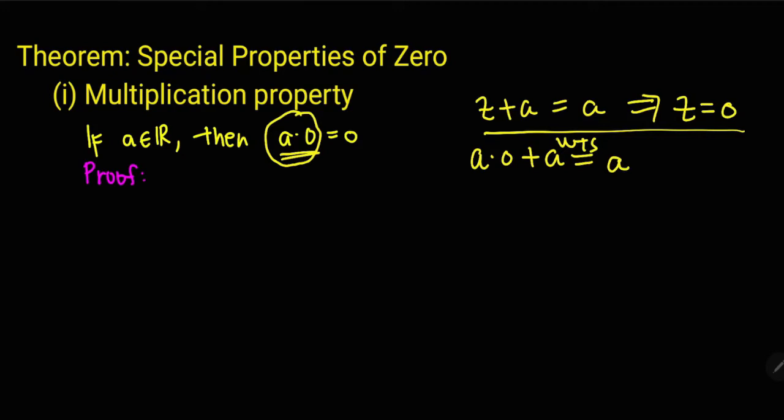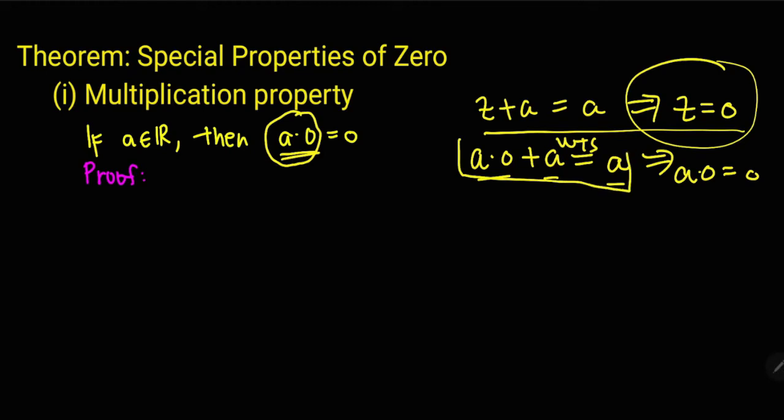Now, if we were able to show that a times 0 plus a is the same as a, then we can make the conclusion that a times 0 must be equal to 0 by the uniqueness of the additive identity. Okay? So, this is what we want to show. We want to show that a times 0 plus a is equal to a.